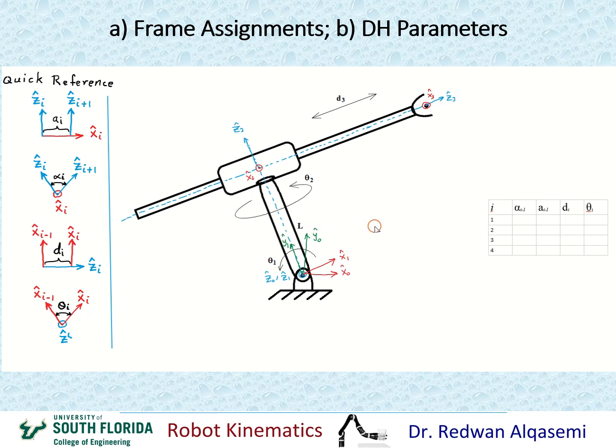Okay. And then for y2, we go to the intersection of x2 and z2. Again, right-hand rule. If this is z2 and x2 coming out of the board, that makes y2 this direction right here. So I'm going to call this y2.